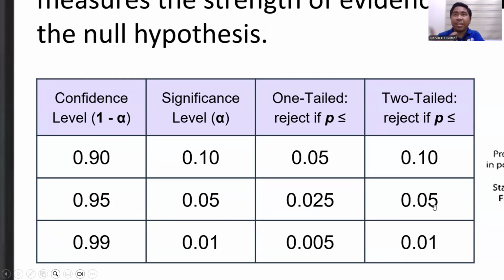If our null hypothesis says equal while the alternative hypothesis says unequal, then that is a two-tailed test. If instead our hypothesis mentions less than or greater than, that is a one-tailed test. So what is a tail?